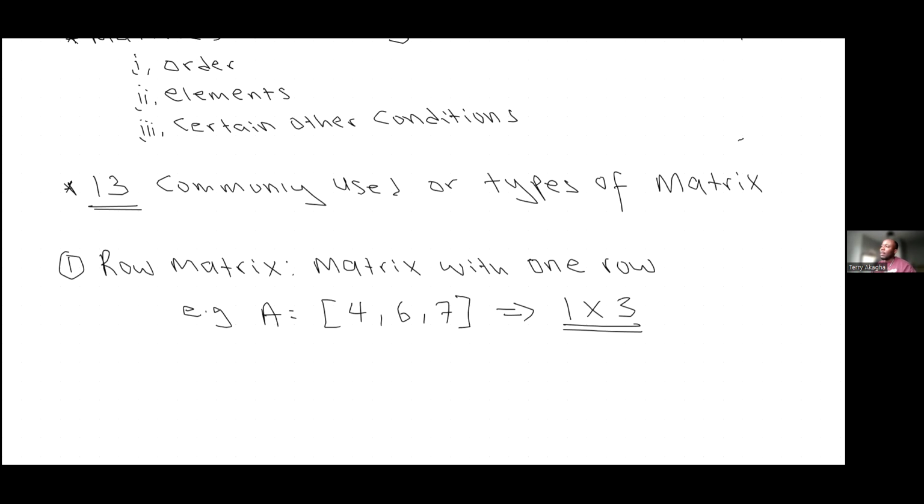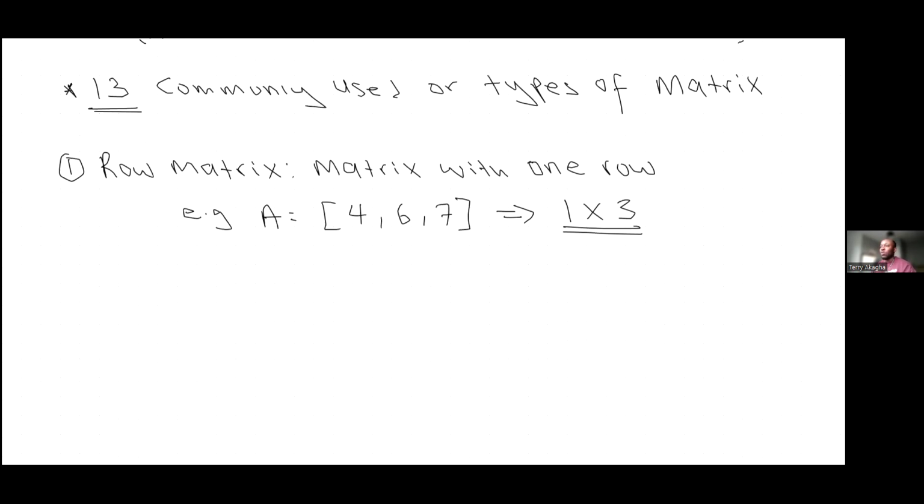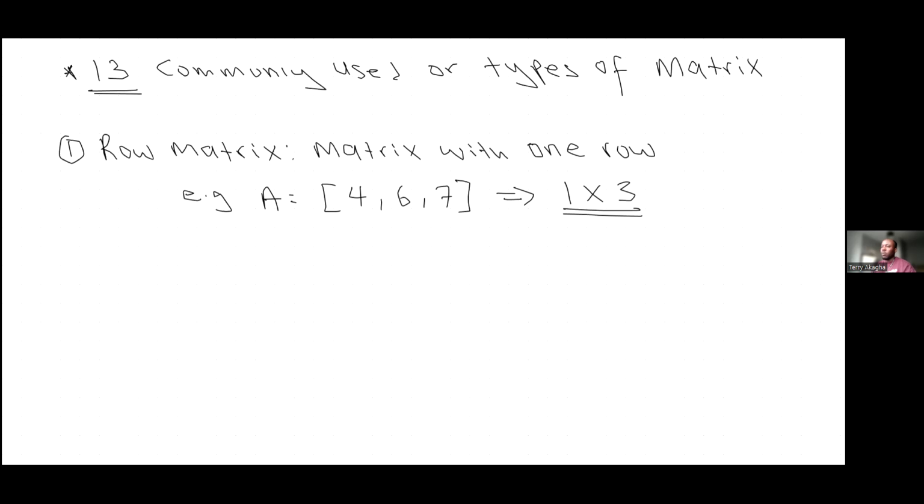Similarly, the next one, number 2, is the column matrix. Same thing, but this time it's a matrix with 1 column.